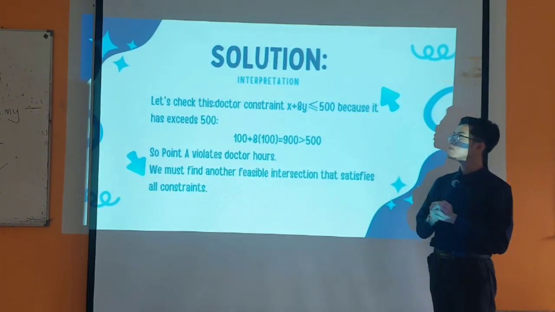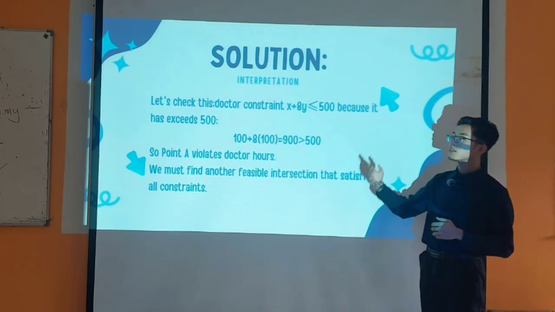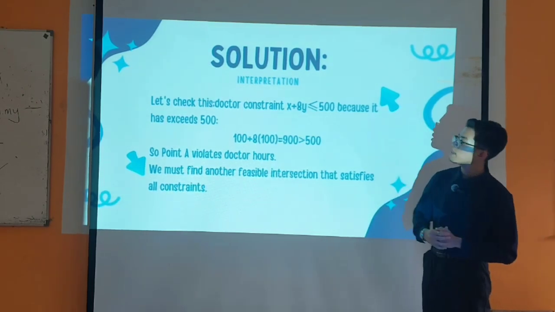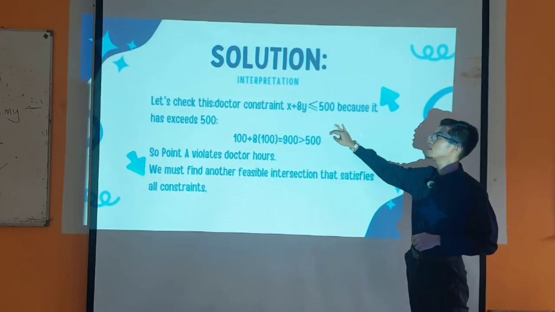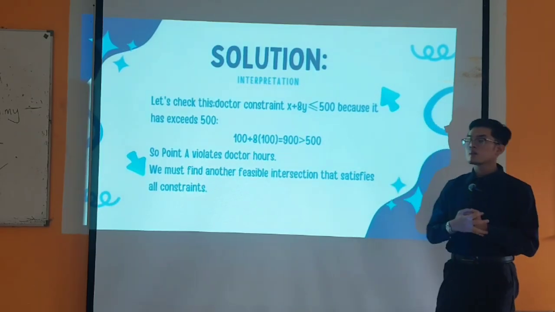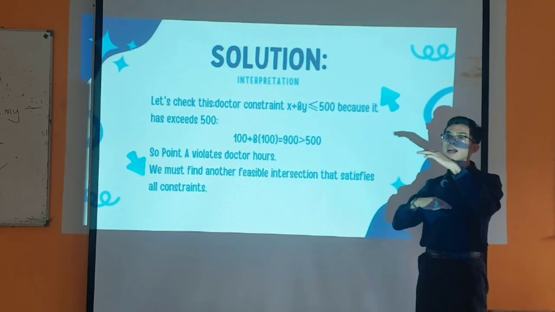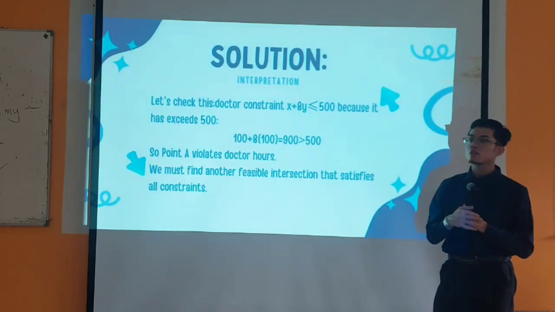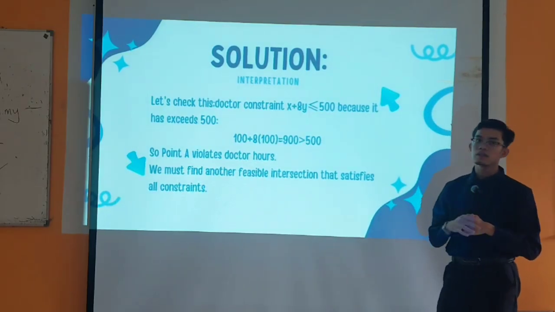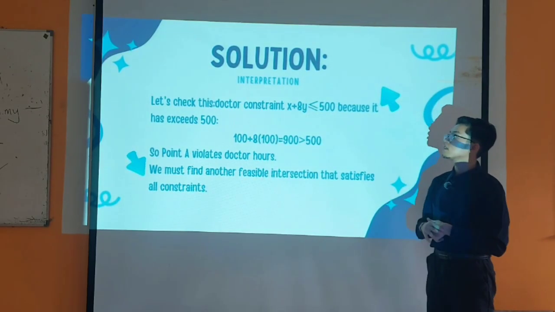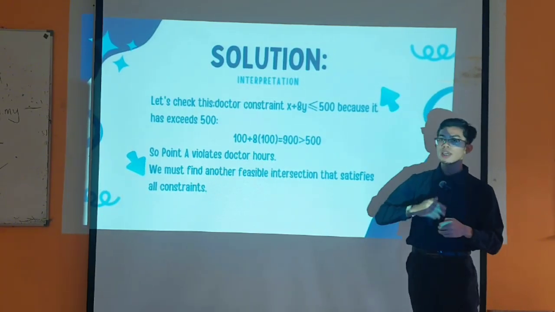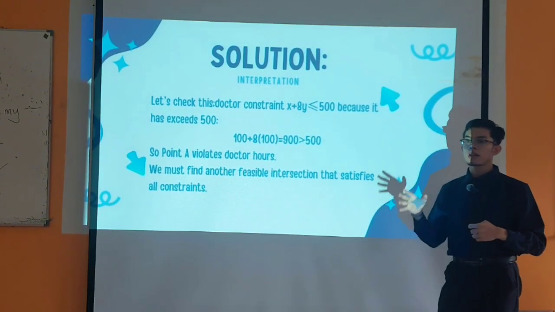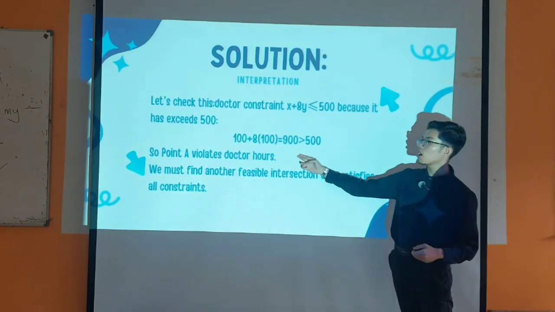Okay, after we get the doctor hours, we can see that the doctor hours exceed 500. This is because 900 is much higher than 500. So it does not satisfy this constraint. So it violates. So point A satisfies all except for the doctor hours.